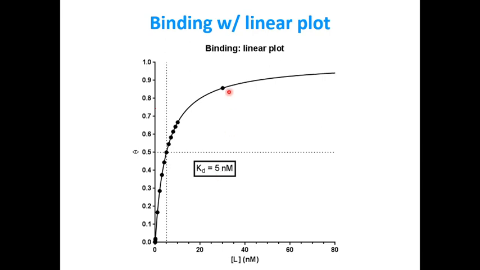And 9 times 5 is 45, which is here. That is when you will have 90% of available ligand binding sites occupied. In practice, Kd is a much more applicable equilibrium constant than Ka.